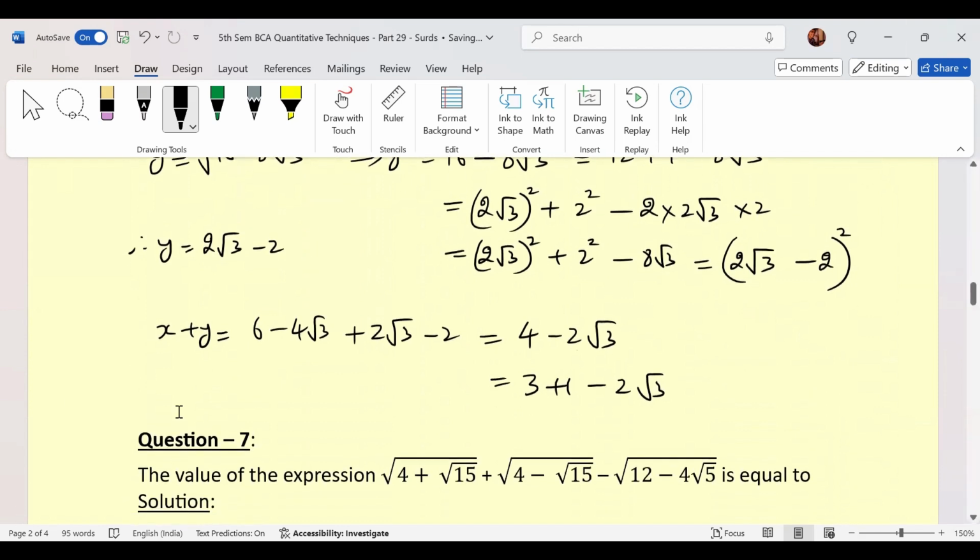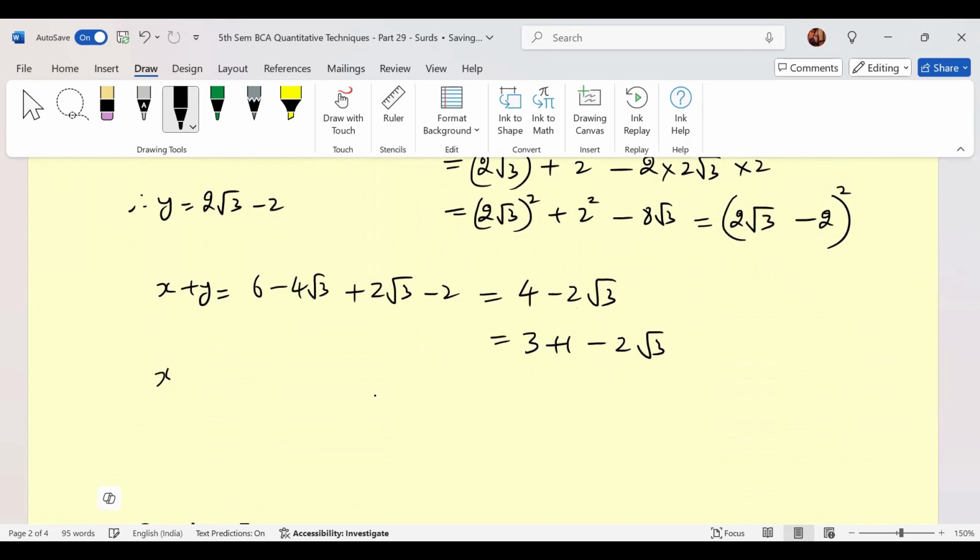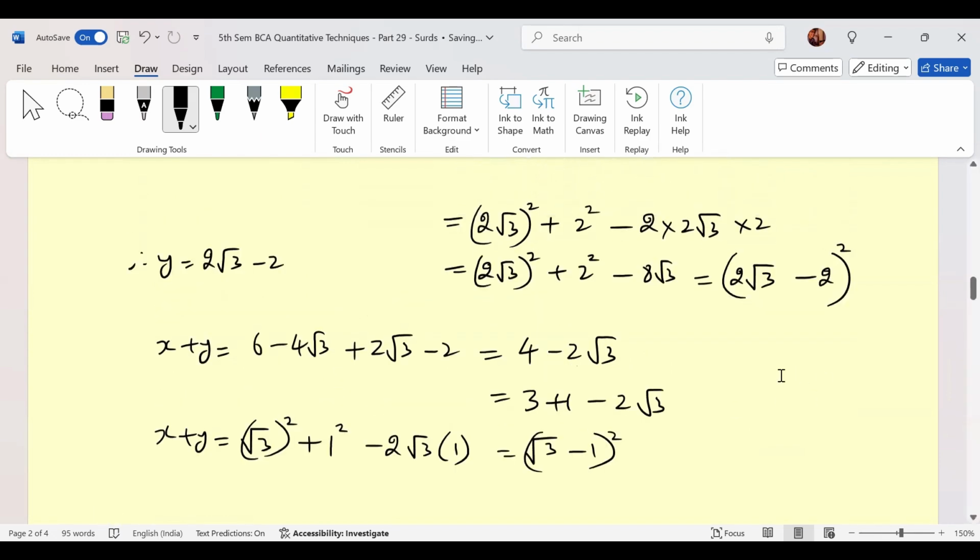Again, that can be rewritten as root 3 the square plus 1 square minus 2 times root 3 into 1, which is nothing but root 3 minus 1 the whole square. That is your x plus y.